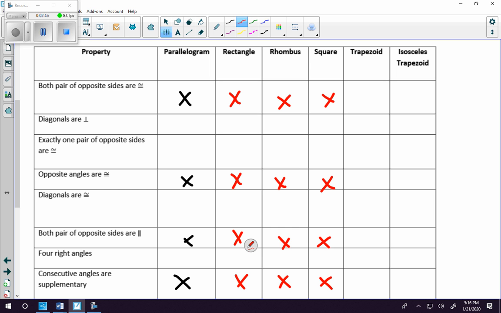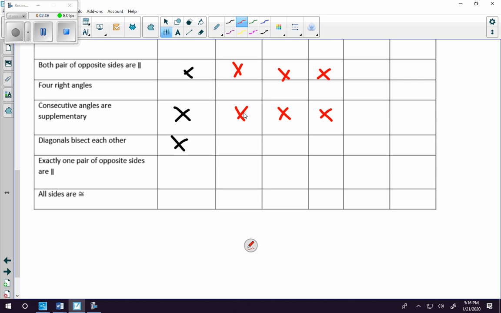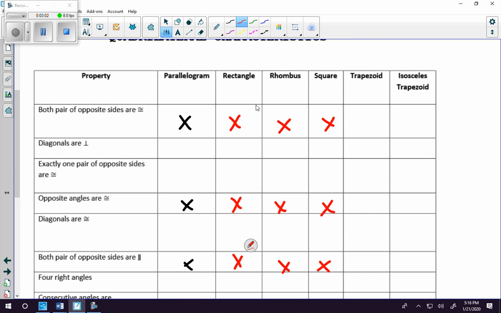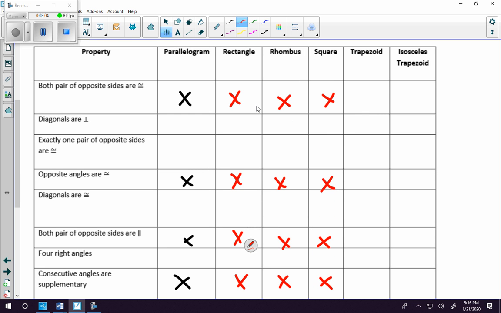Why does this hold true? Because a rectangle, rhombus, and square are definitely parallelograms. So whatever we marked for parallelogram, assuming you had it correct, we also have to mark for rectangle, rhombus, and square. And then we can go back and fill in the blanks of each that may be added on to it.